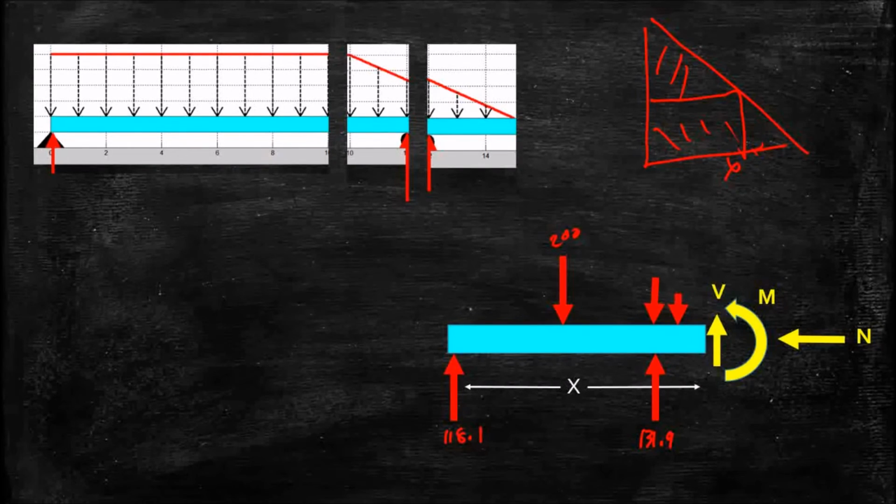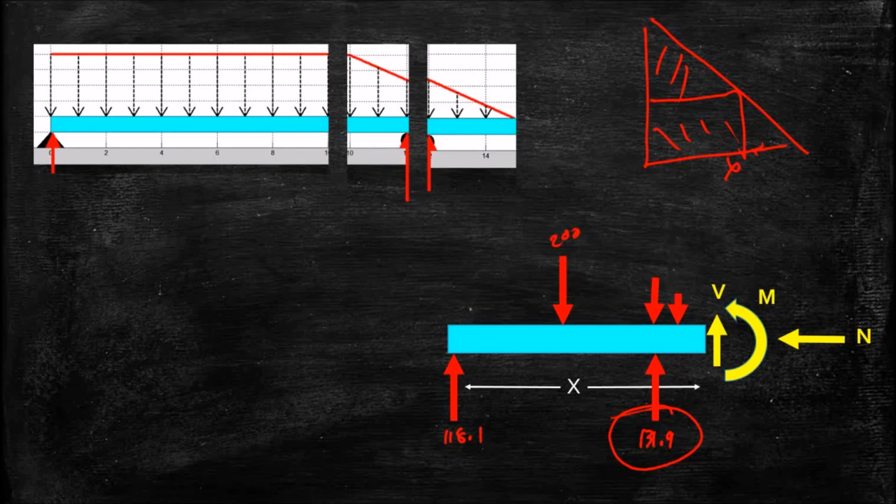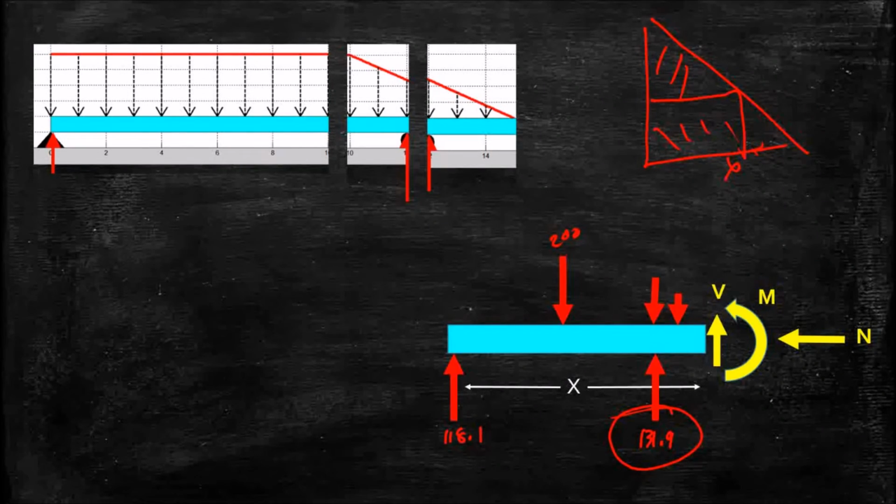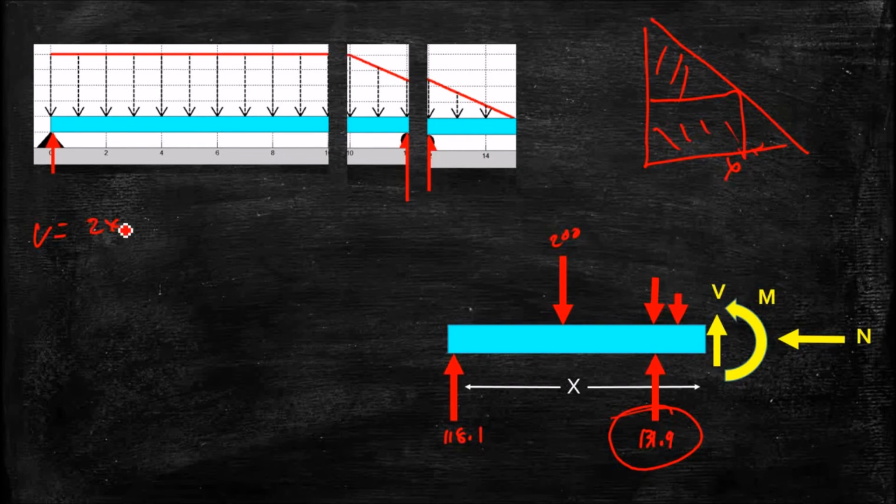All I really need to do at this point is add this additional upwards force and whatever moment it causes to my existing equations. So if I took my previous equation for my shear force, V equals 2x squared minus 60x plus 318.1, I just need to add the upwards force of 131.9, and I've got it with very minimal math.